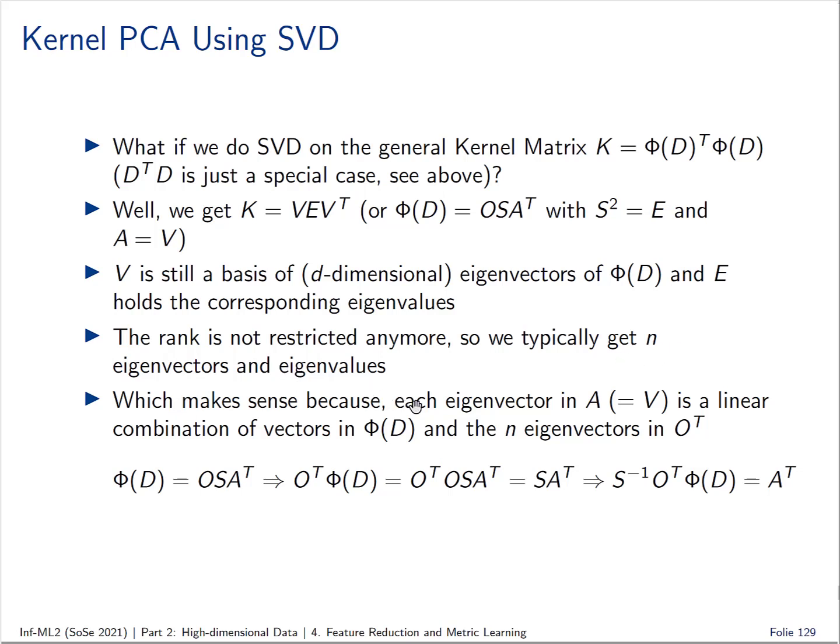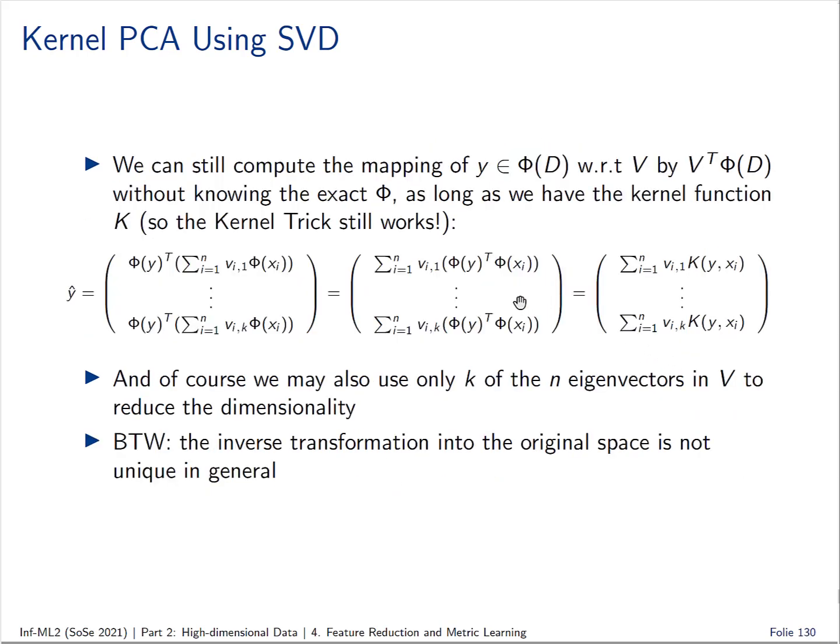Also that is important because now we can still compute the mapping, but the mapping looks a little bit different now. We can still compute the mapping of any object in the transformed space, phi of d. We can still transform it by the eigenvectors. That's what we did before with the PCA.